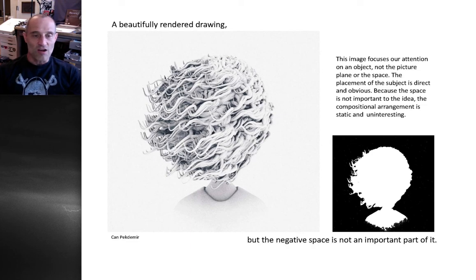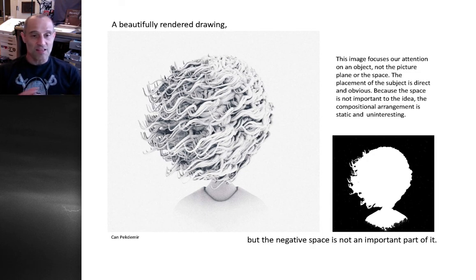So the artist is asking us to focus on just this object, but where it is in space really isn't part of the focal point at all. Consequently, the arrangement is pretty static and fairly uninteresting, right? It's very simple, straightforward.